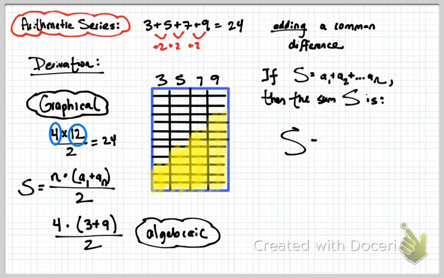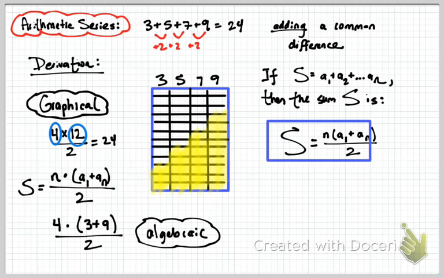And this will be an equation you just have to memorize. I'm not going to make you derive it. Just memorize it. A1 plus AN, times N, all over 2. Here's your formula. Super important.